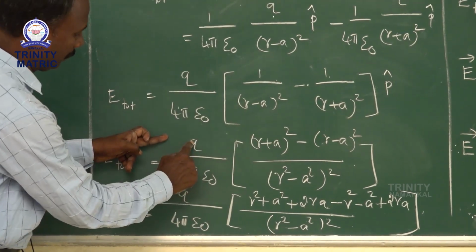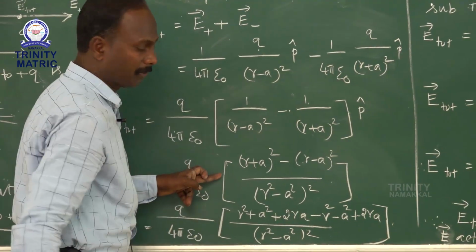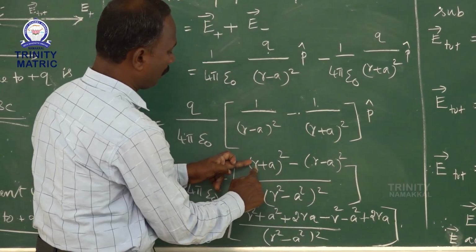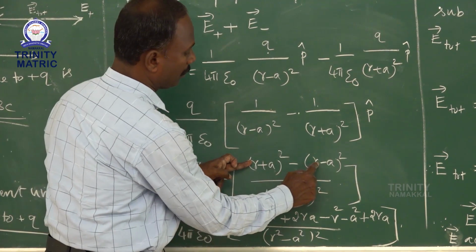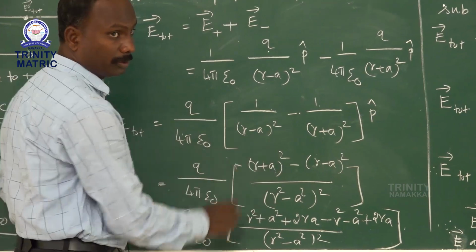Writing Q by 4 pi epsilon naught again, in cross multiplication we get (R plus A) whole square minus (R minus A) whole square over (R square minus A square) whole square.